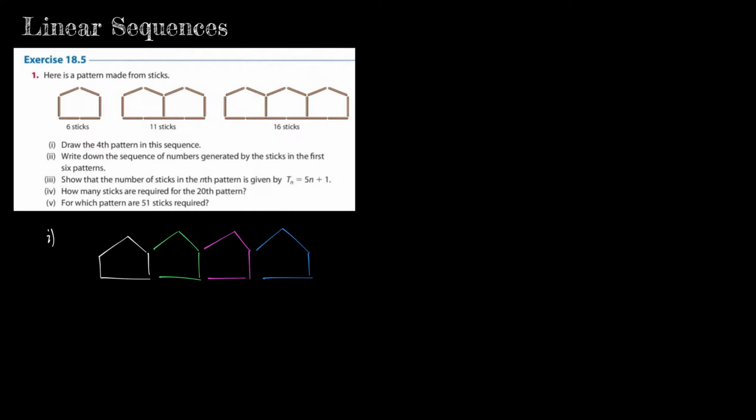Okay, write down the sequence of numbers generated by the sticks in the first 6 patterns. Okay, so you should be able to note there how it's growing each time. It's growing each time by 1, 2, 3, 4. It's growing by 4 each time.